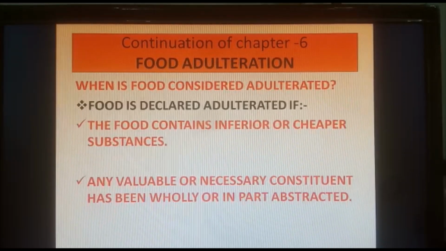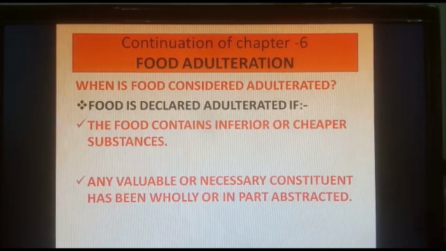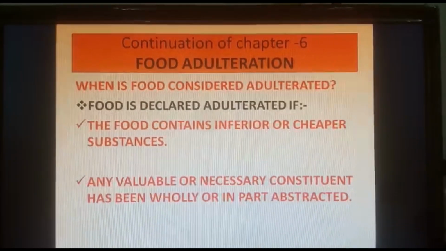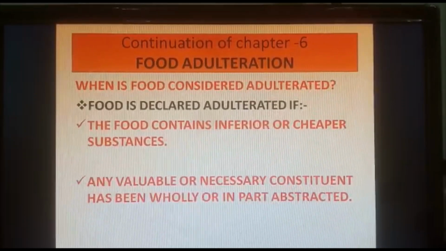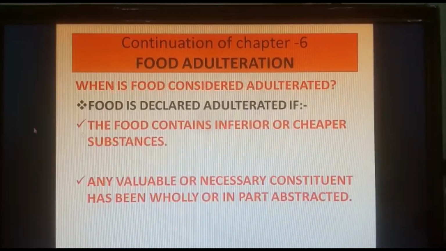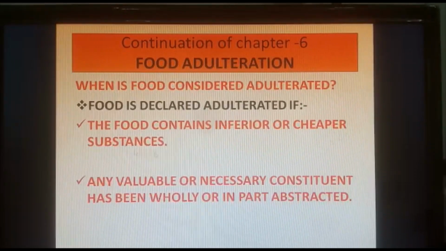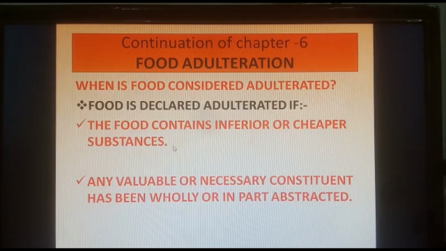To make the milk thick, they add mashed potato, corn flour or rice flour or refined flour. So this kind of product will be called adulterated. So the first point is what? If the food contains inferior or cheaper substances, that food will be considered as adulterated.